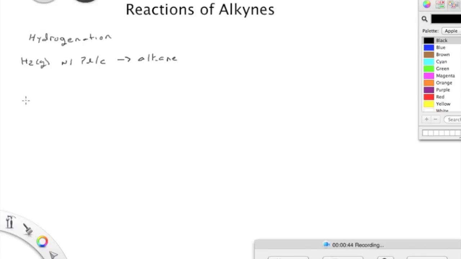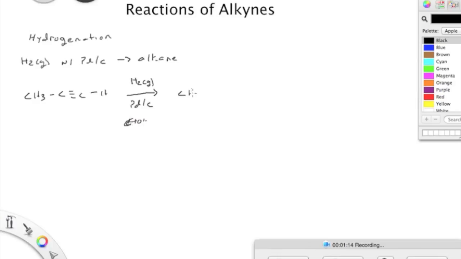And so an example of this would be, for instance, if we take our same old friend right here that we've been using, treatment of this with hydrogen gas and palladium on carbon. And typically this is done in an alcoholic solvent, so something like ethanol, EtOH for ethanol.